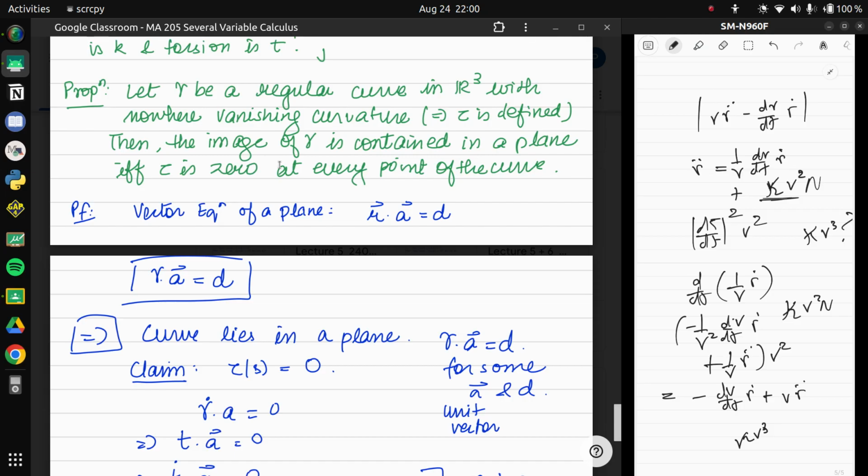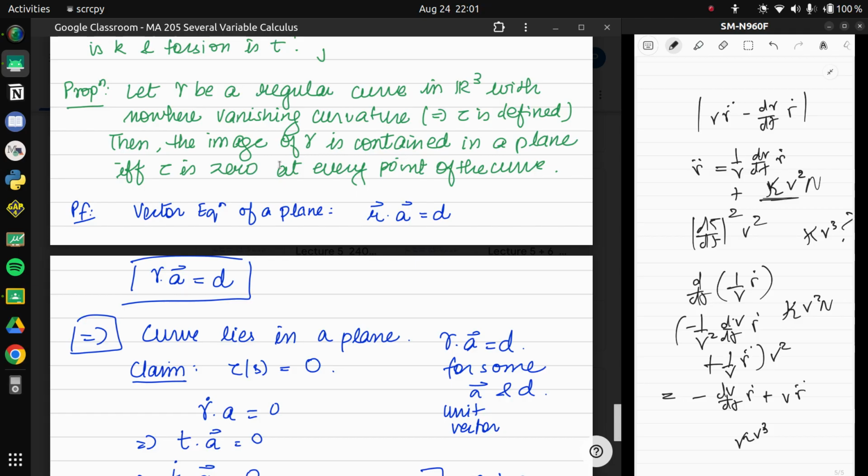Then the image is contained in a plane if tau is 0 at every point. So sure, if tau is 0, then your normal vector never changes, and if it never changes, that means your plane of motion never changes, and if your plane of motion is never changing, that means you are moving in a plane throughout. This is actually very trivial, the forward direction is pretty trivial.